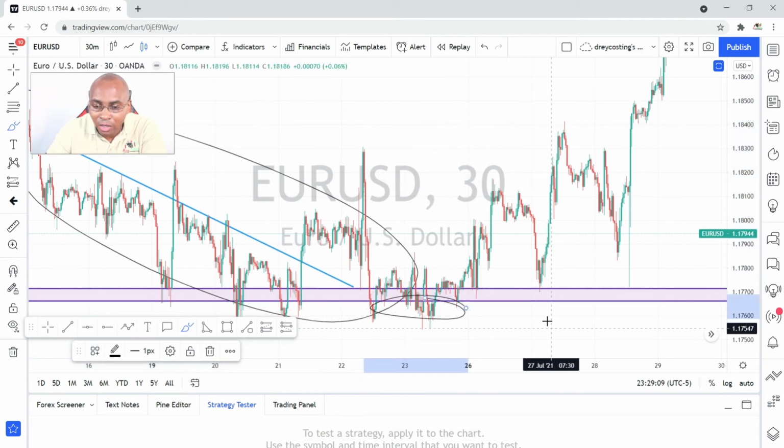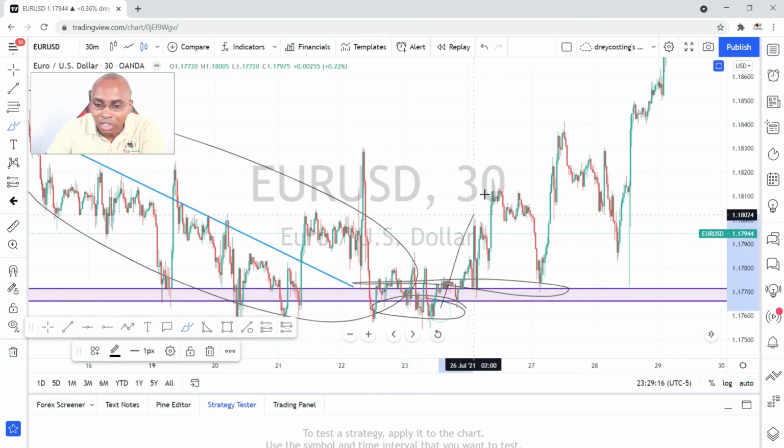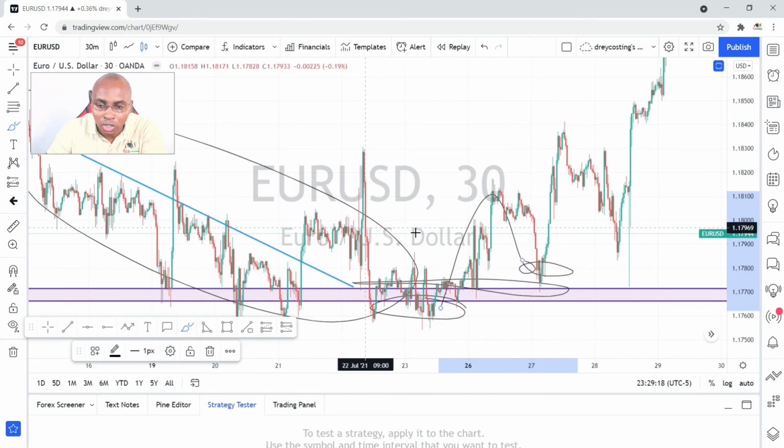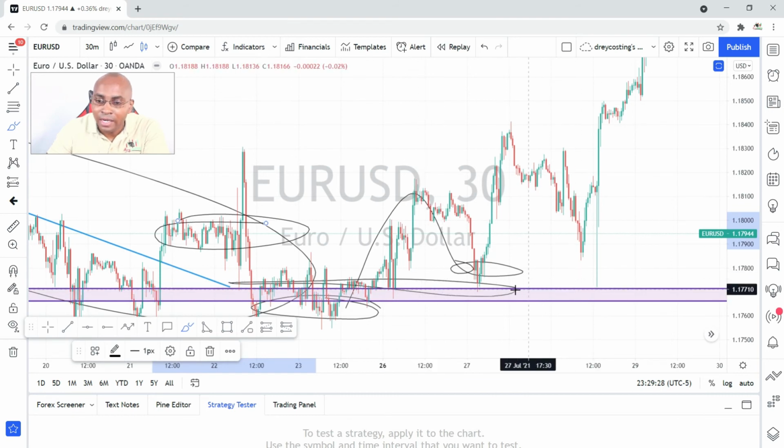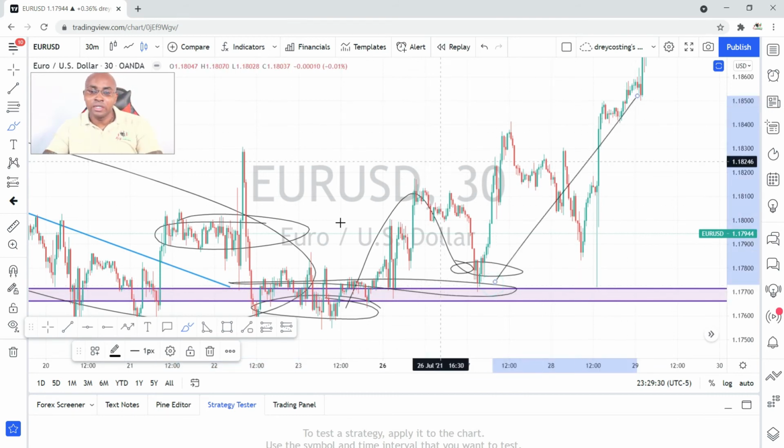Price came back and broke the previous low right here. Demand level, shift, retest, break of structure. See right here, it broke the previous high. Break of structure, shift, retest, and created a higher low and tested back the demand level. You understand?